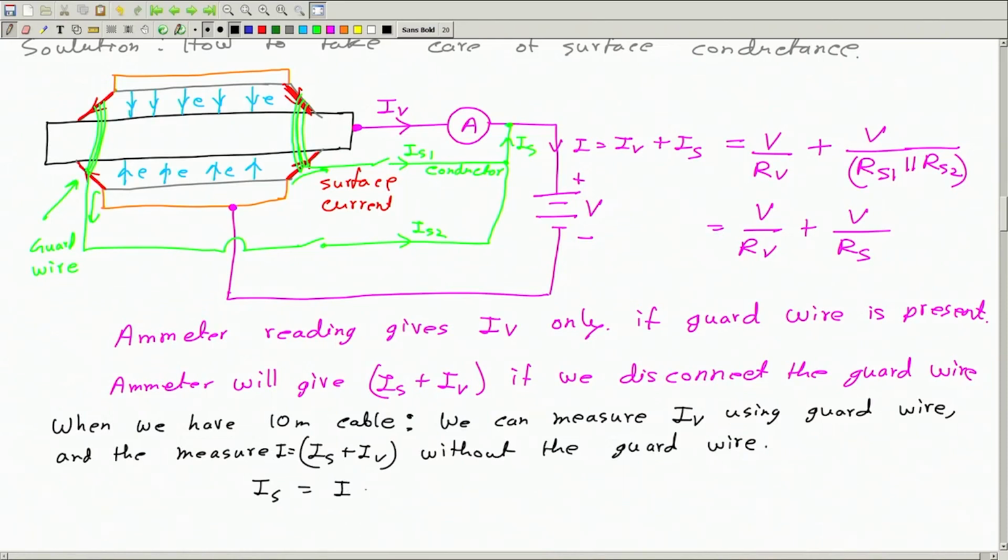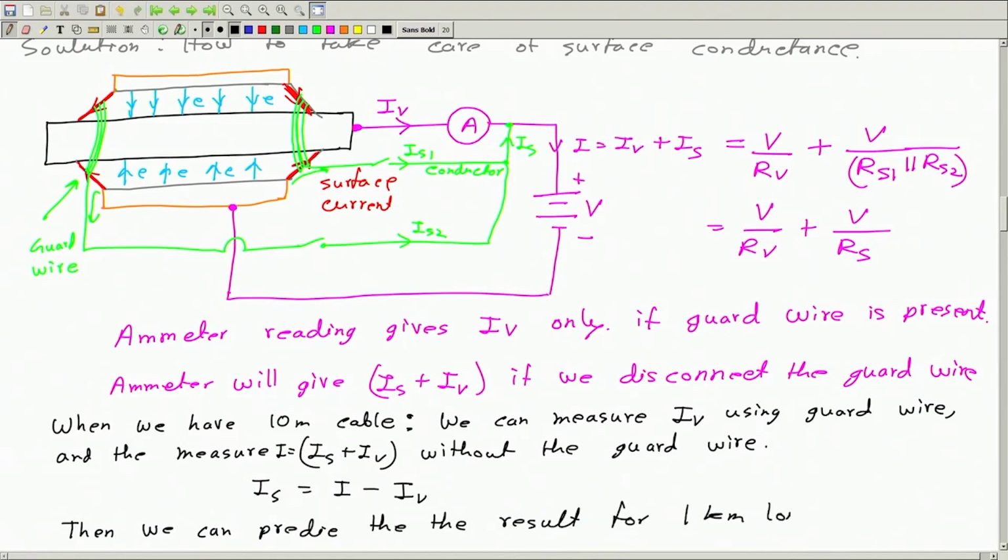So I is known, IV is known as given by the ammeter when the guard wire is present, and I when the guard wire is not present. So from this we can find IS. Then we can predict the result for a 1 kilometer long cable.